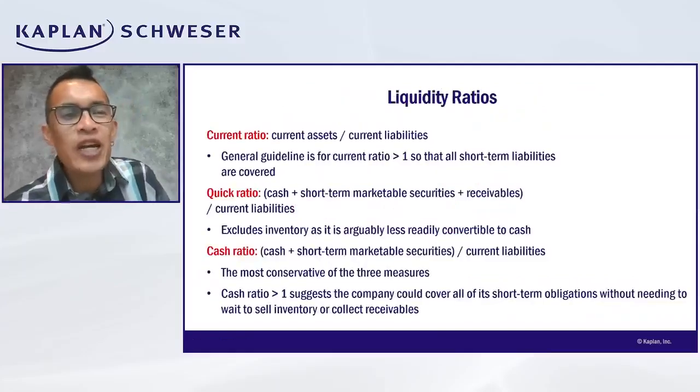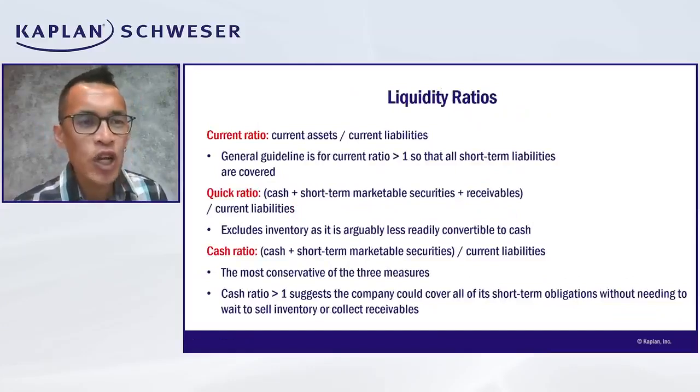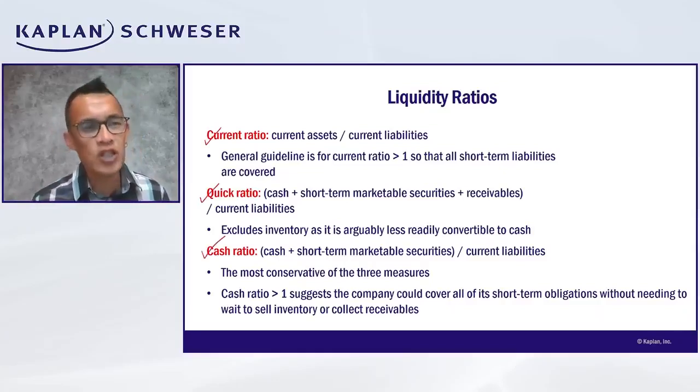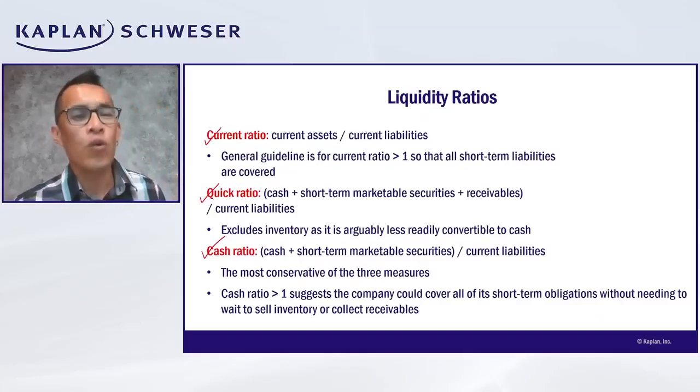Now we're just going to complete our coverage of liquidity by looking at the three relevant ratios that you should be able to compute. They're going to go in descending order because the current ratio is going to be the largest, the quick ratio is going to be a bit smaller, and the cash ratio will be the absolute smallest one. Now, you already know the current ratio, but the other two may require a little bit of review.